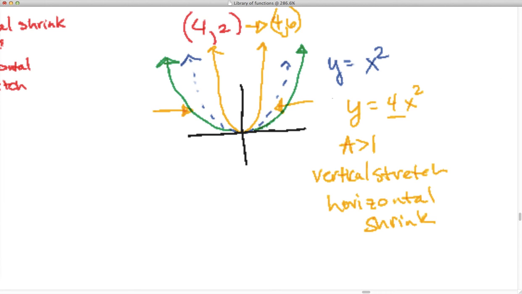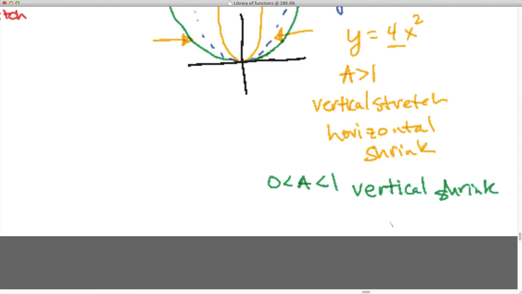But if it was less than 1 but greater than 0, then it's going to be a vertical shrink. You can literally see it getting flatter, and a horizontal stretch.